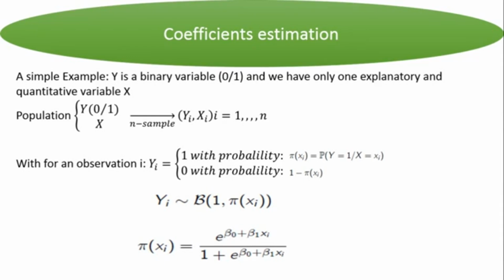For each observation i, the variable yi is equal to 1 with probability p of x, equal to the probability that y takes the value 1 knowing that x takes the value xi, and 0 with the complementary probability. Defined like so, y follows the Bernoulli law with parameter p, and the probability is given by the logistic function.